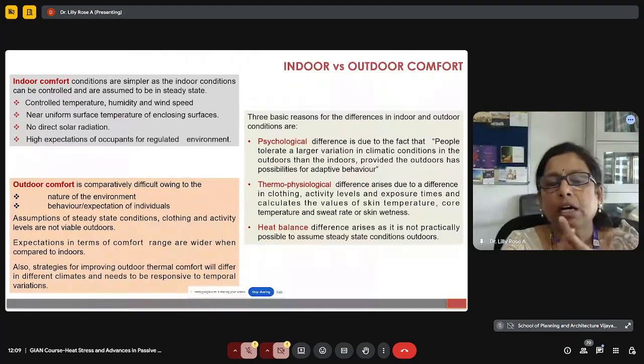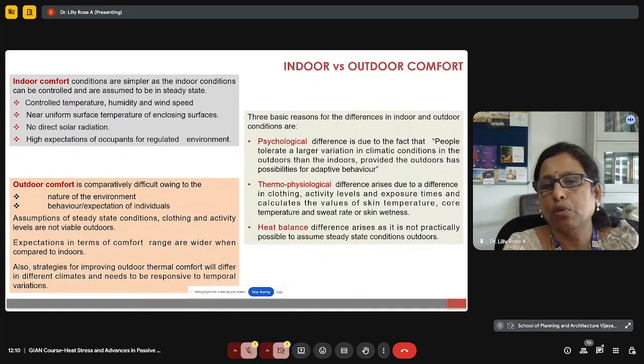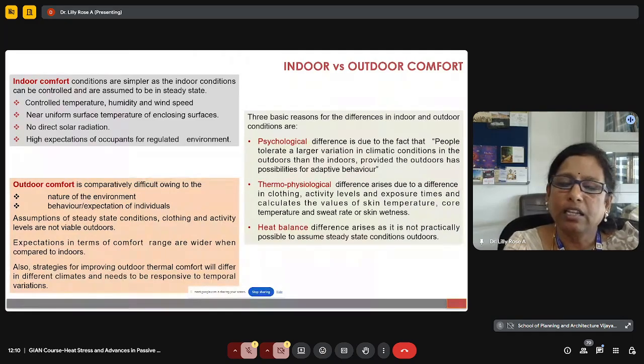In India, we follow that around 24 to 28 or 24 to 30 degrees is a comfortable range indoors. But outdoors, we tolerate up to 32 degrees, depending on the geographical region where the city is located.